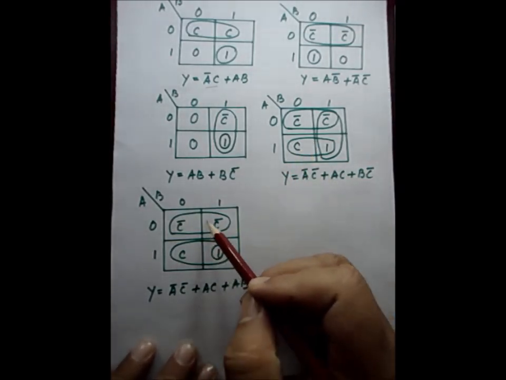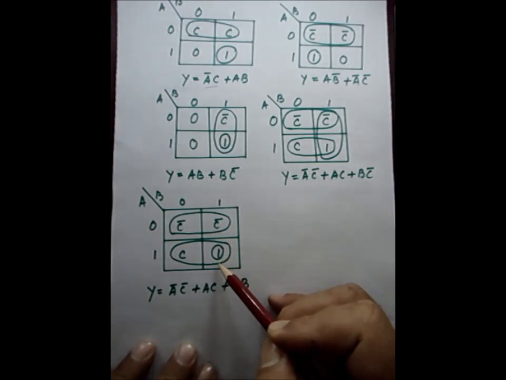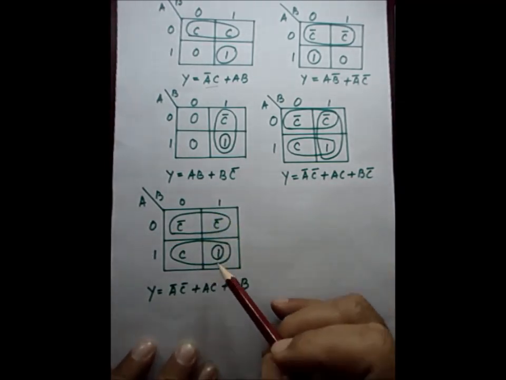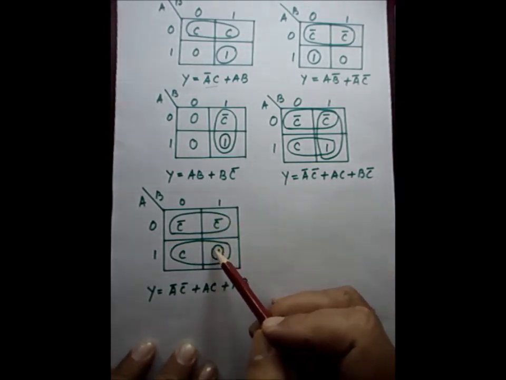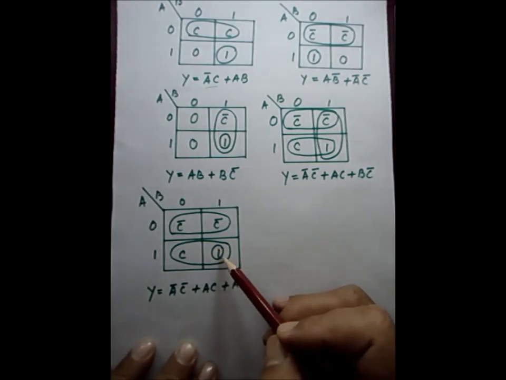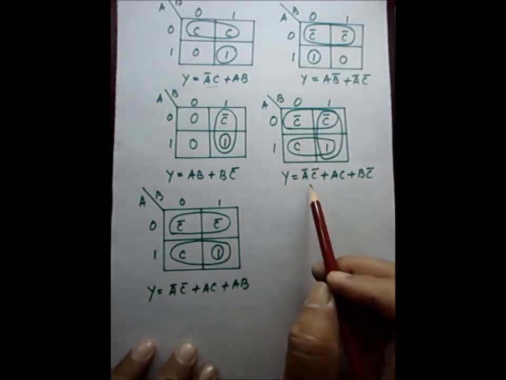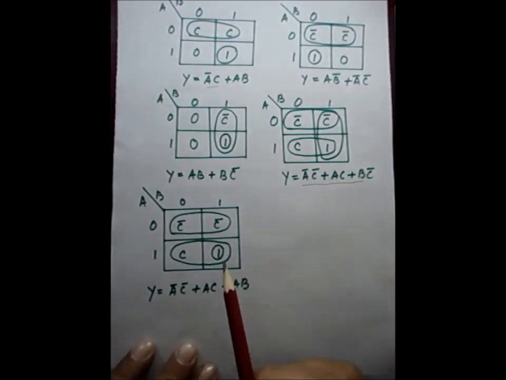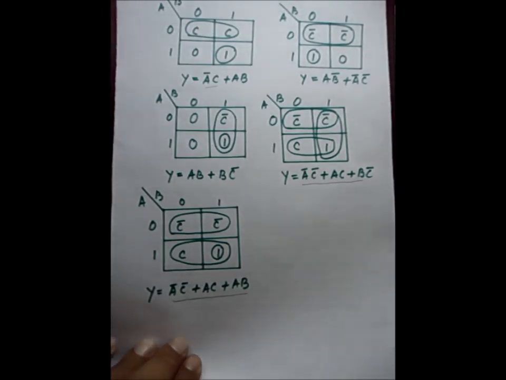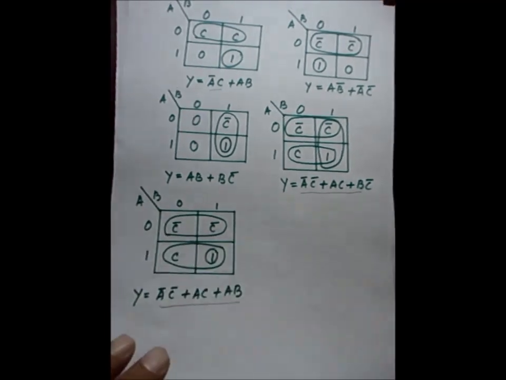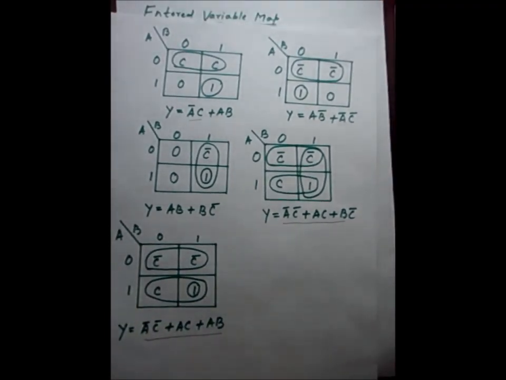Therefore, again 1 is not considered with the C bar, so the 1 has to be grouped separately. Therefore, for the same entered variable map, we are having this expression and these expressions. Both are valid expressions. One of these can be accepted, and that is the main thing in the case of grouping of entered variable map.